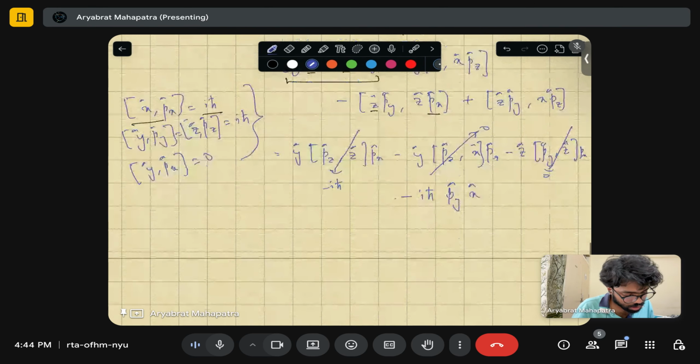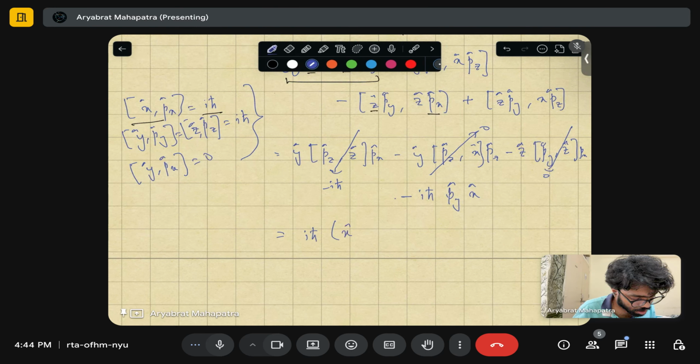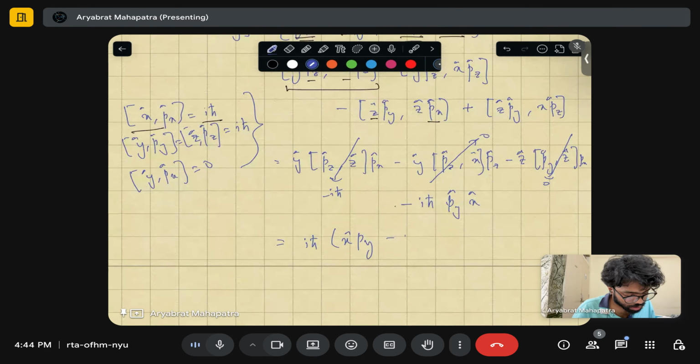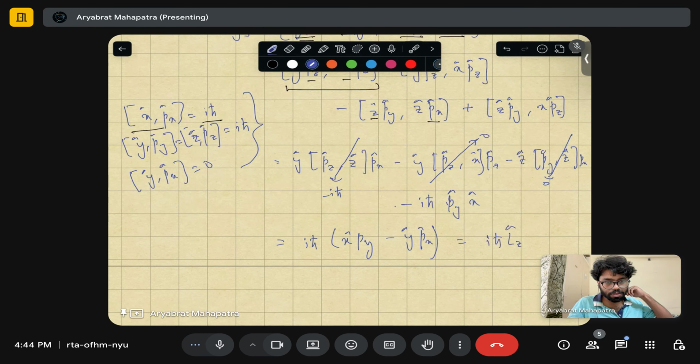So finally you can write this as i h bar (x py minus y px), which equals i h bar Lz. So that is how you show it.